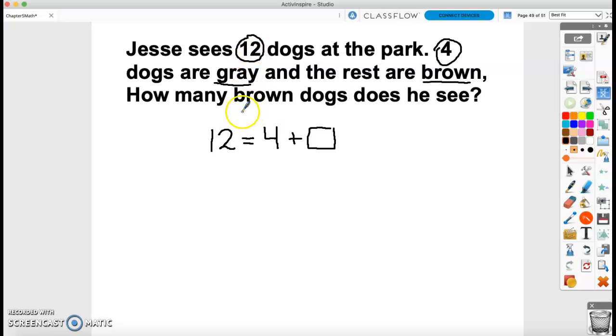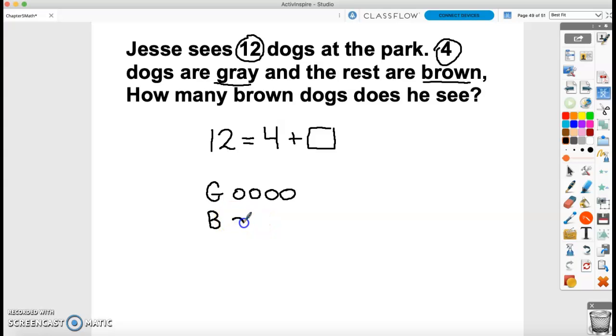So I can figure this out by drawing a picture. Okay. So he's going to have gray dogs, G, and brown dogs. So I know he has 1, 2, 3, 4 gray dogs, sorry, and let's count up.